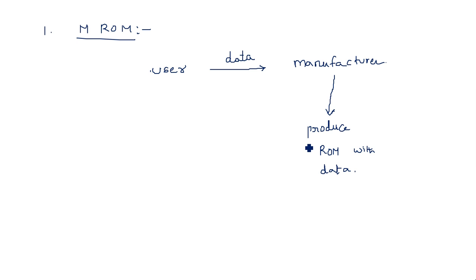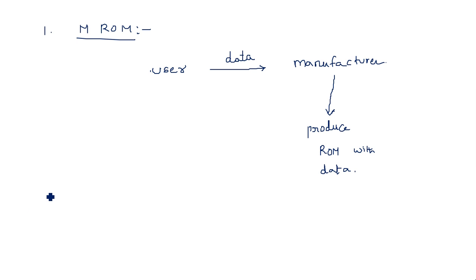That means directly the device comes with the memory, so that it cannot be programmed later. Once the data comes in the ROM itself, that is fixed forever.